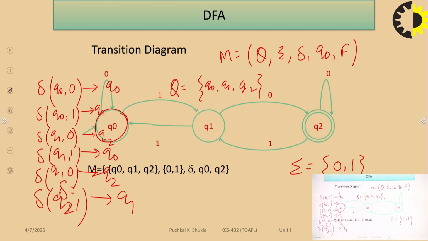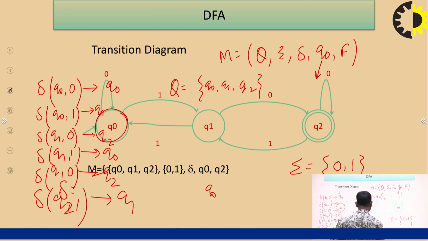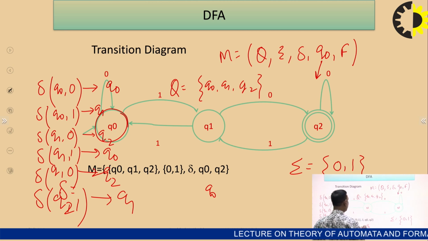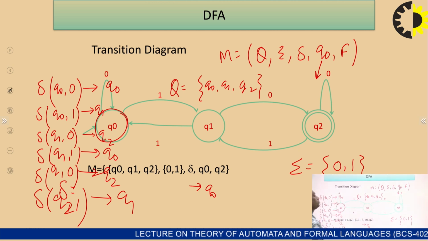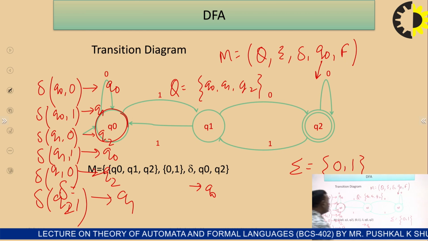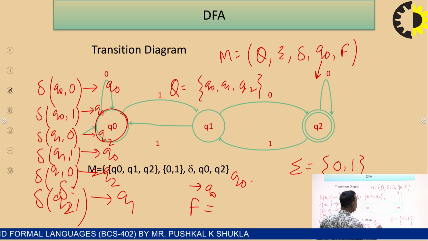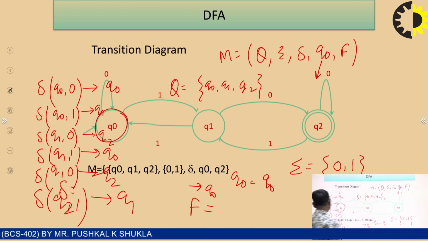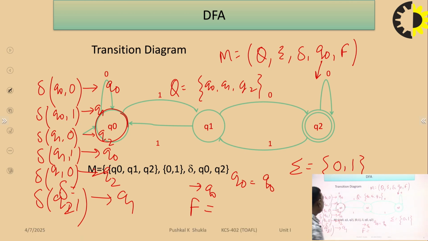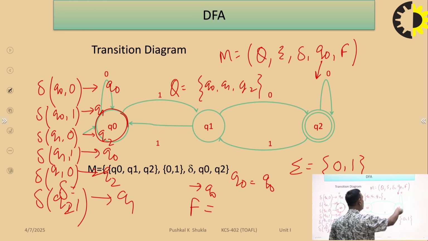Initial state is Q naught. So we write that the initial state Q naught equals Q naught, and the final state F, marked by a double circle, is Q2.